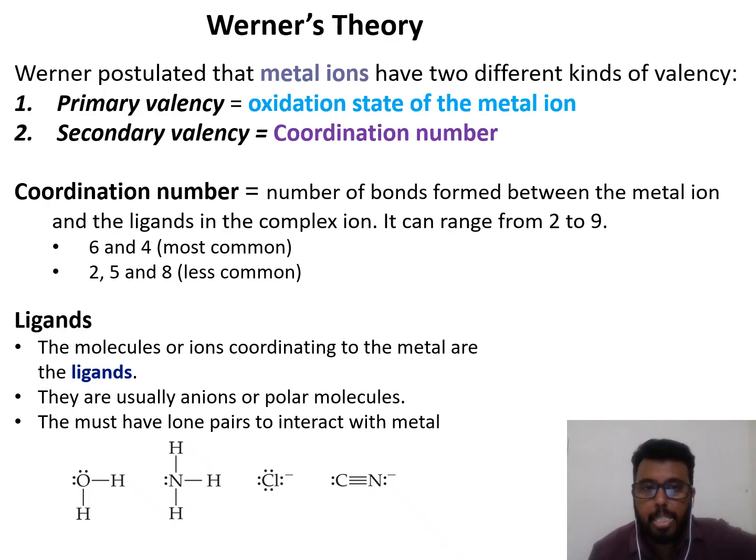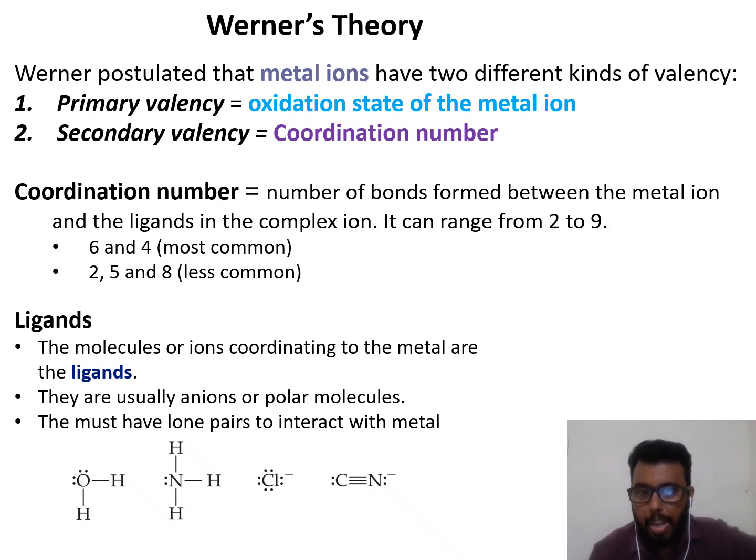Primary valency is related to the oxidation state of the metal ion. We have seen many complexes, for example K4[Fe(CN)6], with the complex ion [Fe(CN)6]4 minus. What is the oxidation state of the metal ion? 2 plus. So the primary valency will be 2 plus. And what would be the secondary valency? Six cyanides are linked with the Fe2 plus ion in the hexacyanoferrate complex, so the coordination number will be 6.